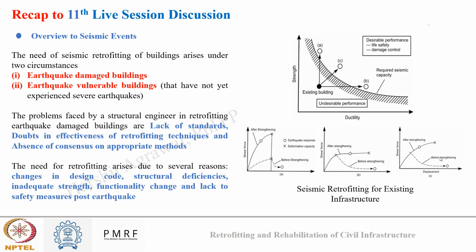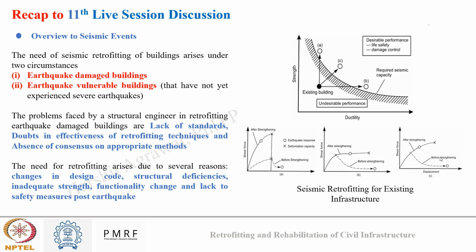Based on these points, we divided retrofitting measures into three ways, either as increasing the strength, or increasing the ductility, or increasing both. For all the three cases, we had a relatively brief discussion, as can be seen in the figure also. So, if the existing building has an undesirable performance in terms of required seismic capacity, by increasing the strength, we can increase the lateral strength of the system, which will be able to resist the seismic load.